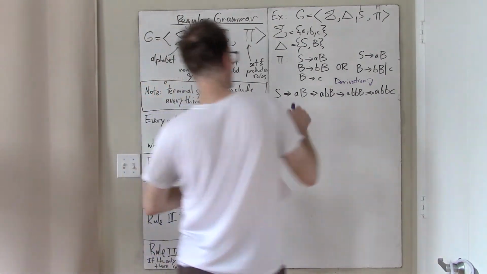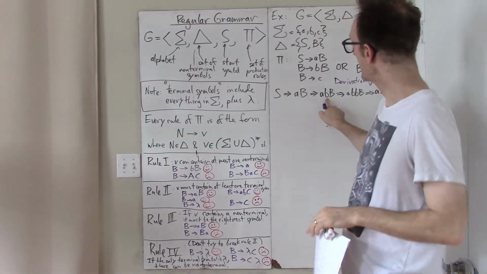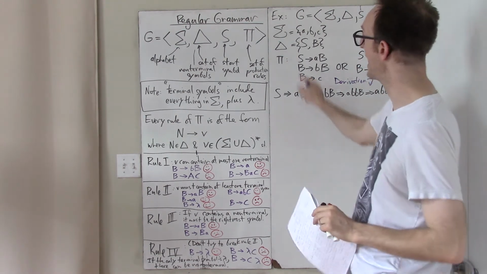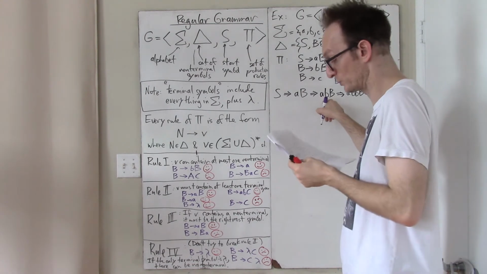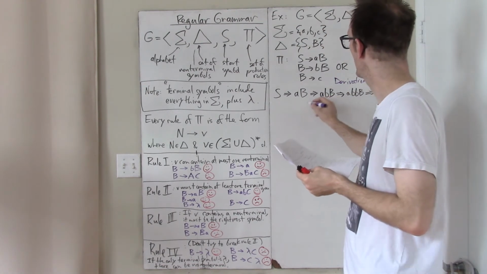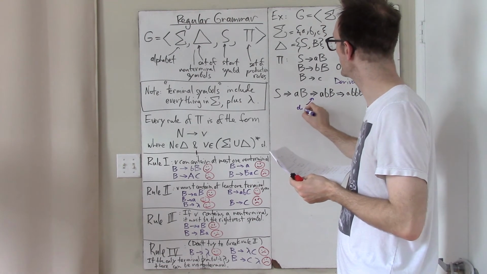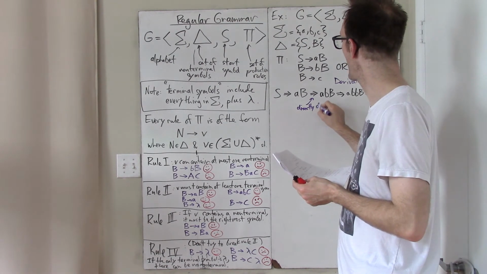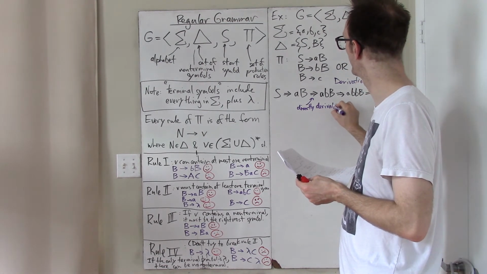If some string can be achieved from another string by an application of one of those rules, then we say that it is directly derivable.